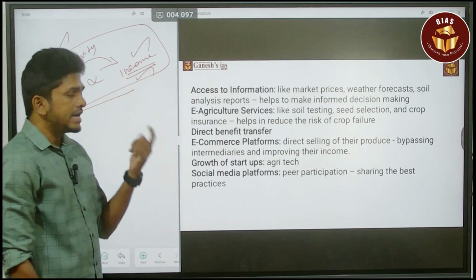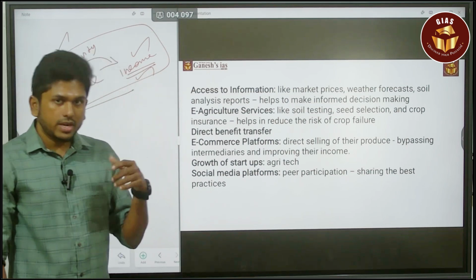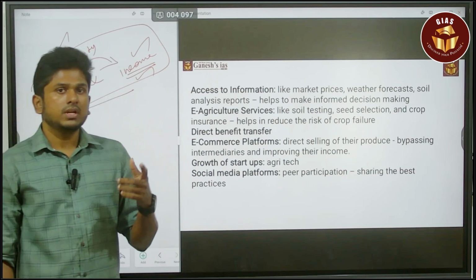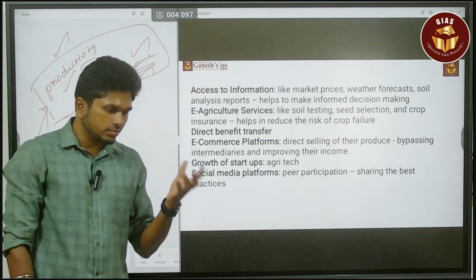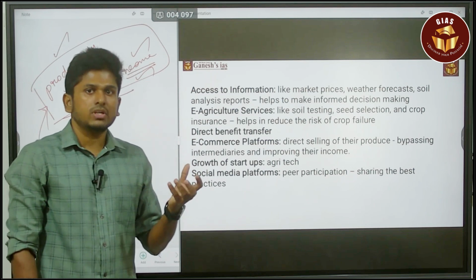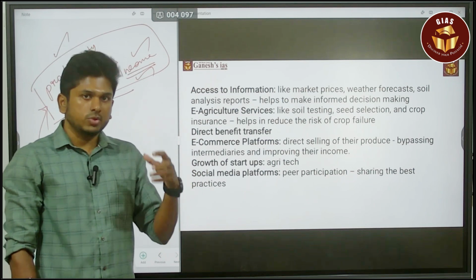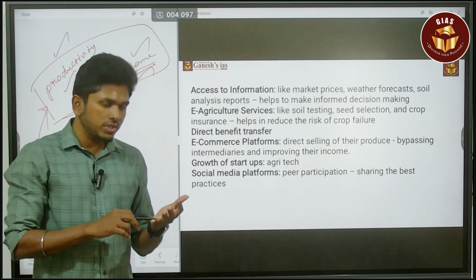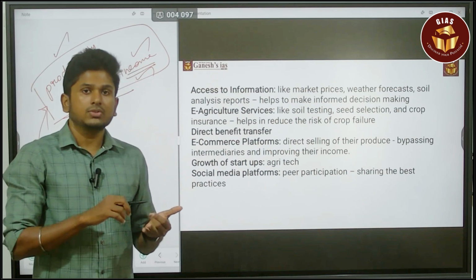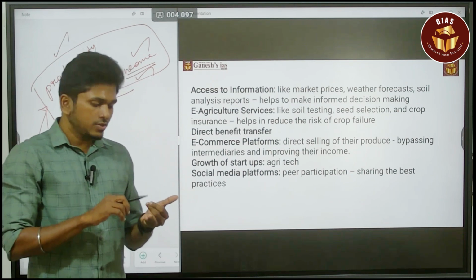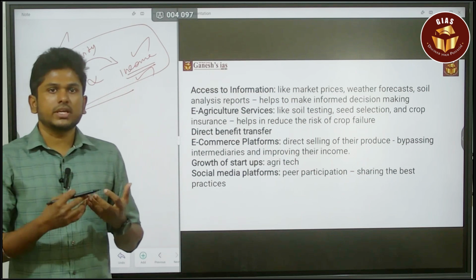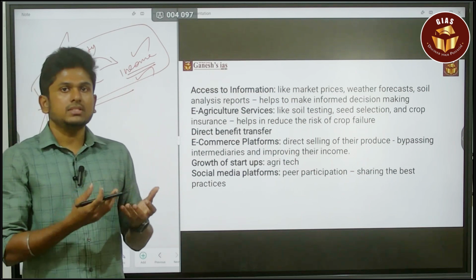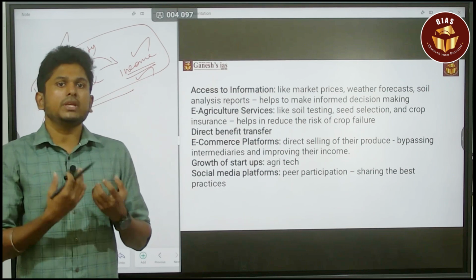Next, direct benefit transfer. We already discussed this, because direct benefit transfer is one of the greatest achievements of India. Due to that only, we can overcome the issues of corruption and leakages, and also the farmer has their own choice, because they get the money and they can buy anything.